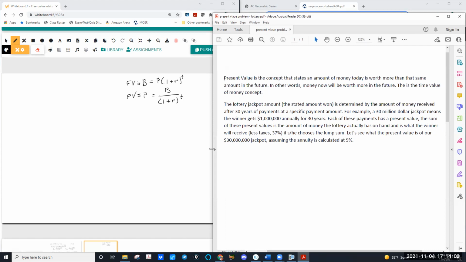Now, you probably also have heard if you decide to take the lump sum, you get significantly less. The reason you get less is because you get what's called the present value of that annuity.